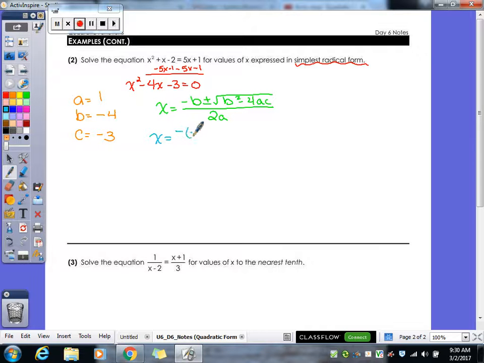So we're going to have, again, negative 4 plus or minus negative 4 squared minus 4 times 1 times 3 all over 2 times 1. So let's clean this up a little bit. The negative 4 turns to what?